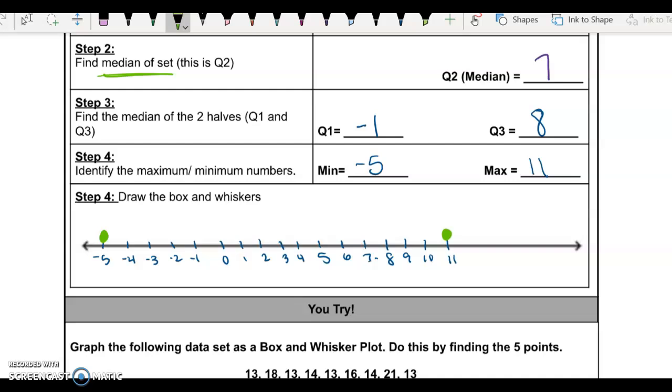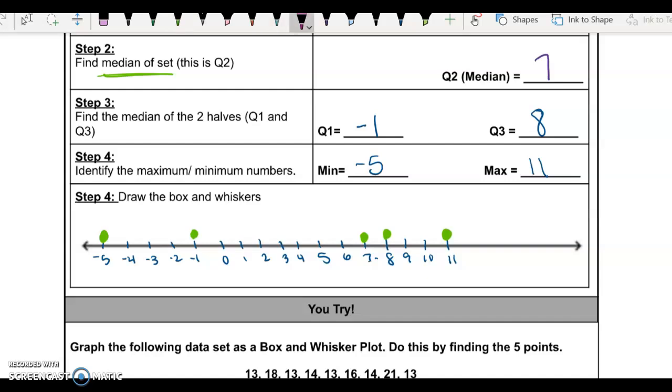Our median is 7, so we have a dot at 7. Our lower quartile is -1, so we put a dot at -1. And our quartile 3 is 8. So we should have 5 points on our number line.